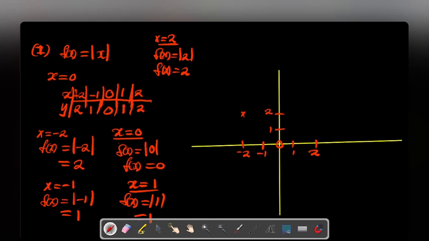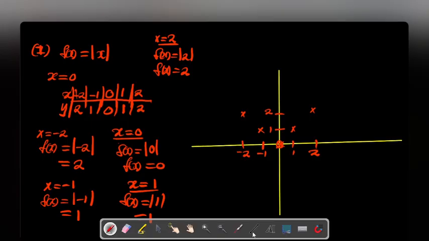Then -1 comma 1, which is somewhere there, so we have a point just there. Again we have 0 comma 0, which is right here, and 1 comma 1, so our graph will start going up. Then 2 comma 2, we have a point there.